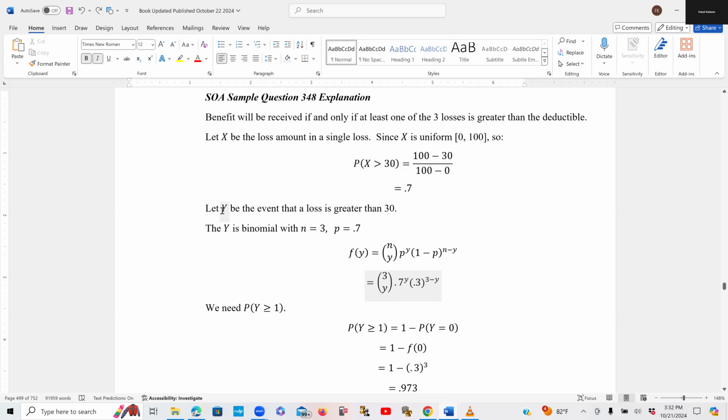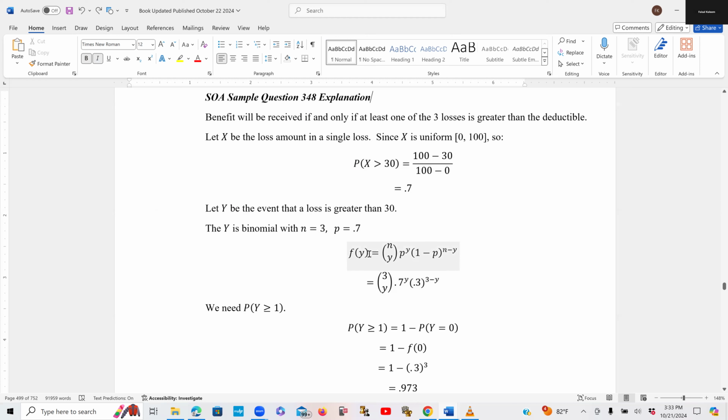So you will see that this ends up being the situation. And let Y be the number of losses greater than 30. We're interested in this because that's when there is a positive benefit paid out, when you're greater than the deductible. And Y is binomial with n equals 3 because we are dealing with three policies, and the probability of success is the probability of getting paid, or the probability of the loss being greater than 30, and that is 0.7 as we calculated here.